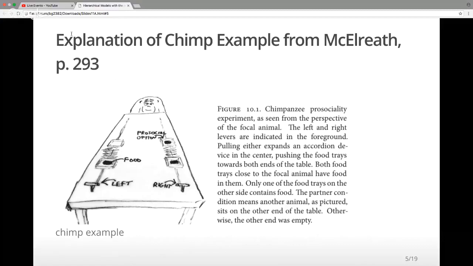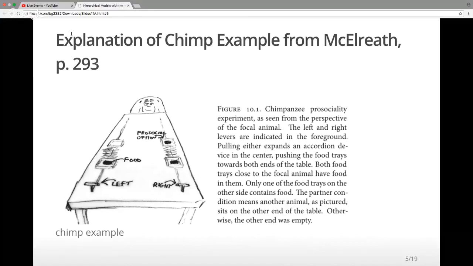I don't think it was done by McElreath himself, but by someone who studies chimpanzees and whether they were pro-social or anti-social. It involves having a chimpanzee around here, and there are two levers, one on the left, the other on the right.